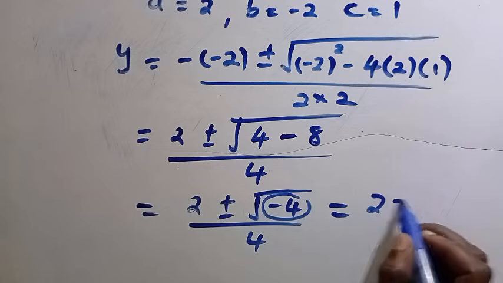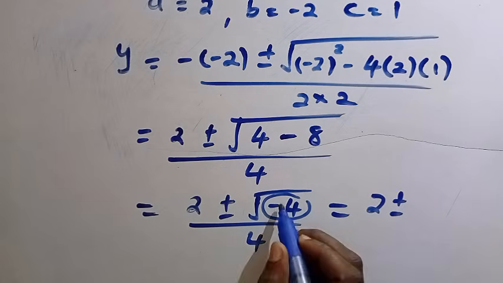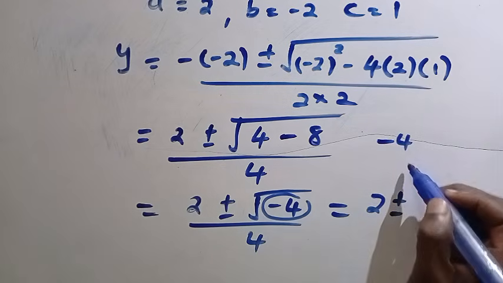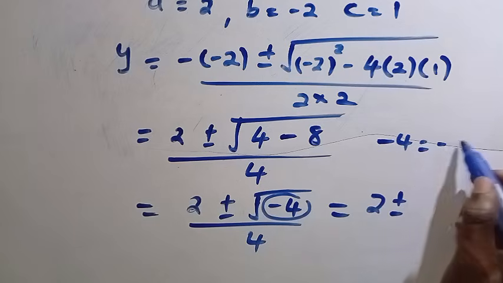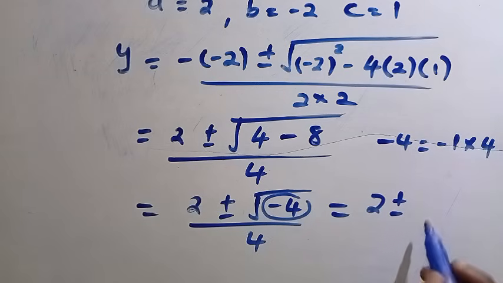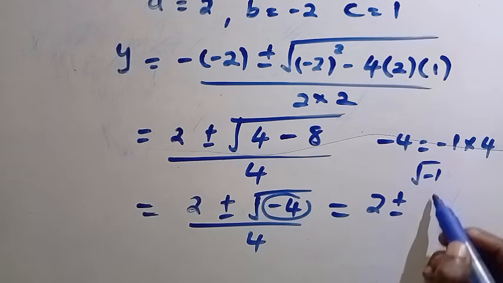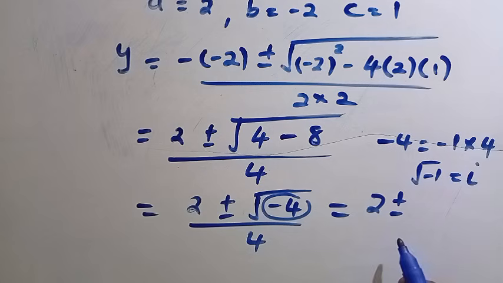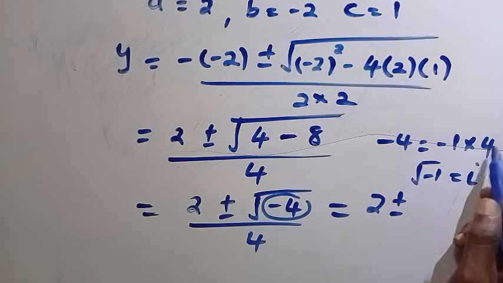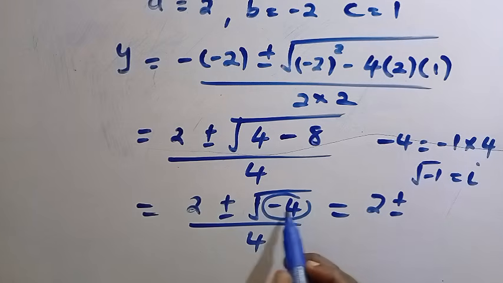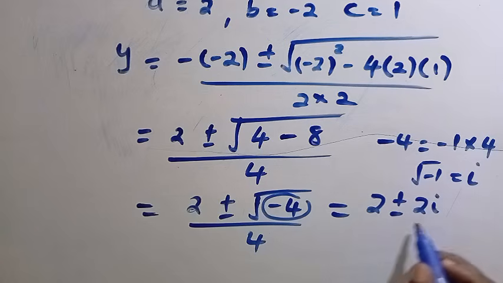And we have it as 2 plus or minus, here we have minus 4, which is also the same thing as minus 1 times 4. And if you have a negative in a root, it gives us i, and the square root of 4 is 2. So the square root of minus 4 gives us 2i, divided by 4.